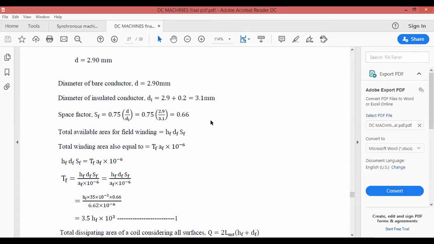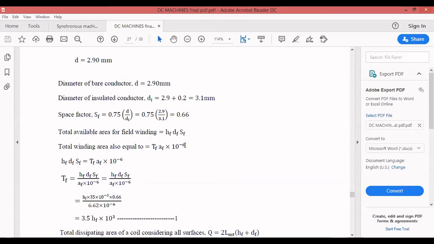Then the total available area of the field winding is nothing but Hf times df into SF. Also, the total winding area is equal to Tf times Af into 10 power minus 6.